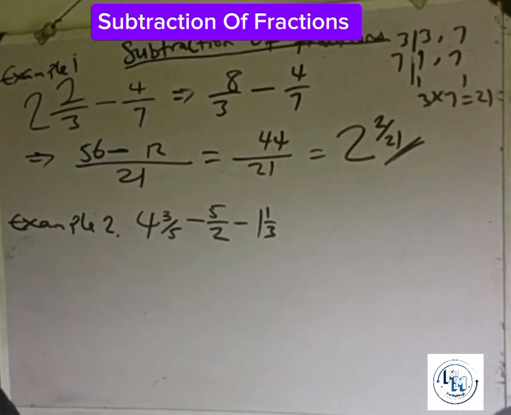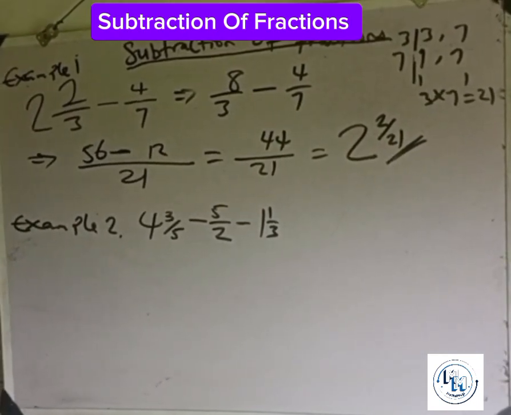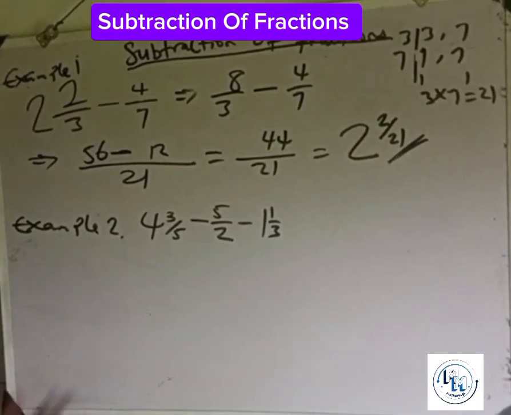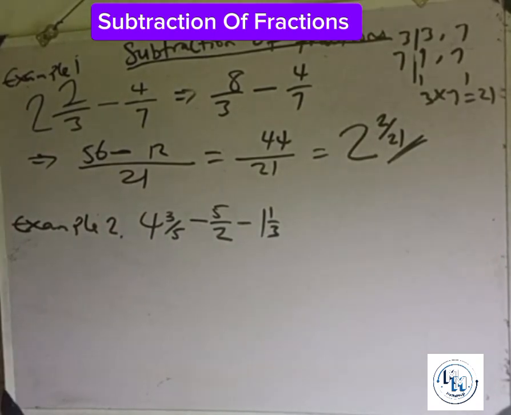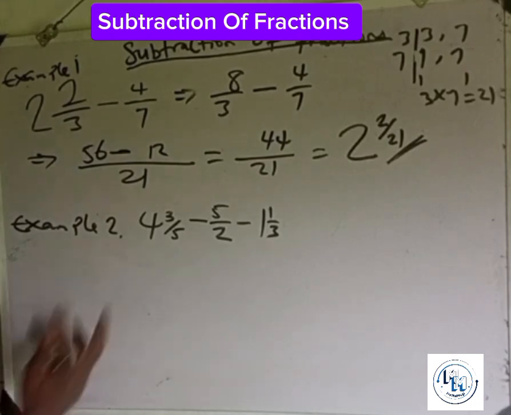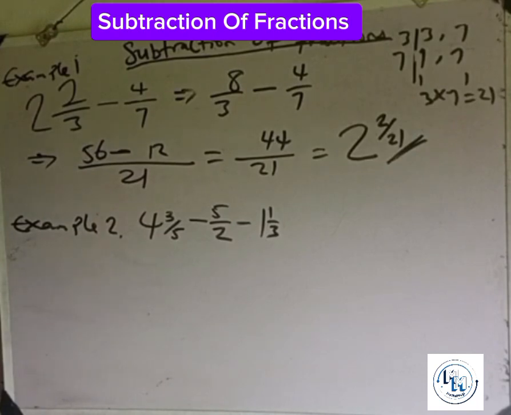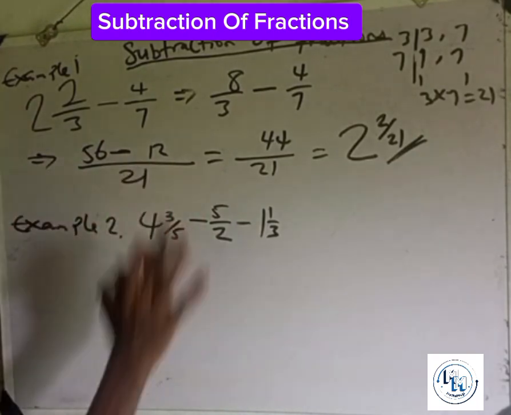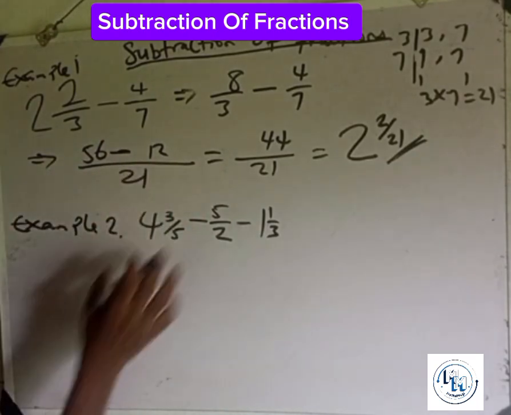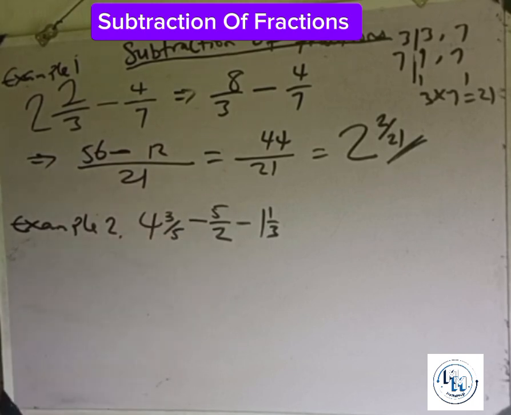Is that okay? Now, for the second example I want to solve, we have three fractions and I want to subtract from all of them. We just go about it the same way we went about the first one. So the first thing we are going to do is change the mixed numbers to improper fractions. If you have any question, remember you can always ask me. Let's change this mixed number.